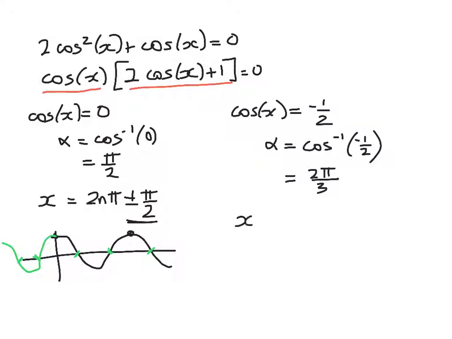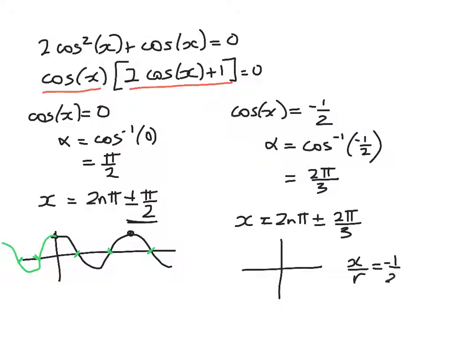So x is equal to 2n pi plus or minus 2 pi on 3. Now just remember how that links up with our definition of cosine. Cosine is equal to x over r. So we're looking for the angle that's going to give me x over r is negative 1 over 2.